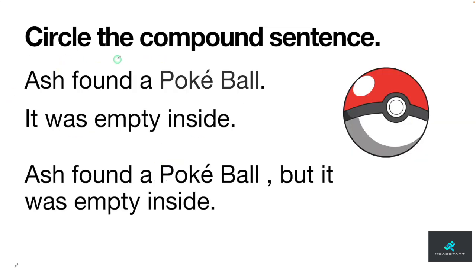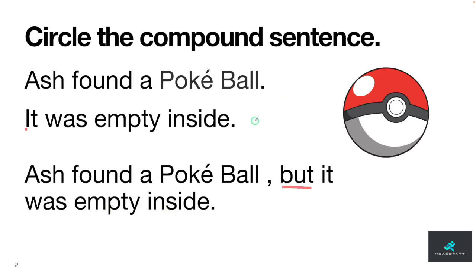Now circle the compound sentence again. Oh, I like this one. Ash found a Pokeball. It was empty inside. Wait. These are just two sentences. Look down here. Ash found a Pokeball, but it was empty inside.